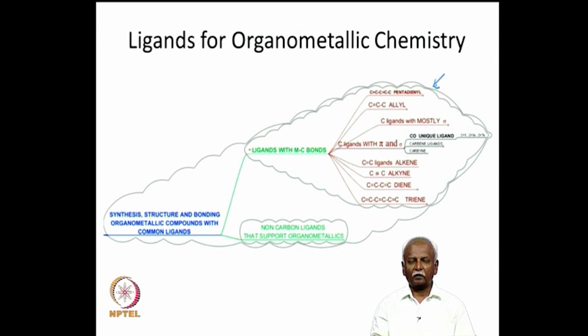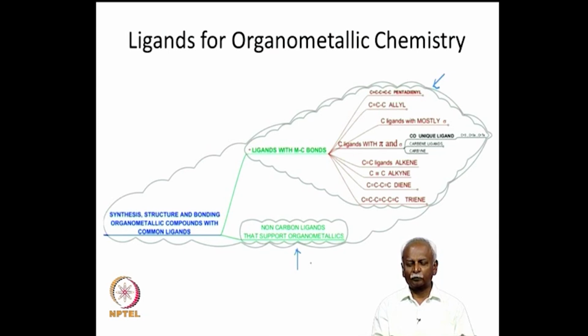The compounds that support organometallic chemistry and support metal carbon bonds, but do not generate a metal carbon bond inherently, such as phosphines and nitrosyls are another class, and these are indicated by the smaller cloud.